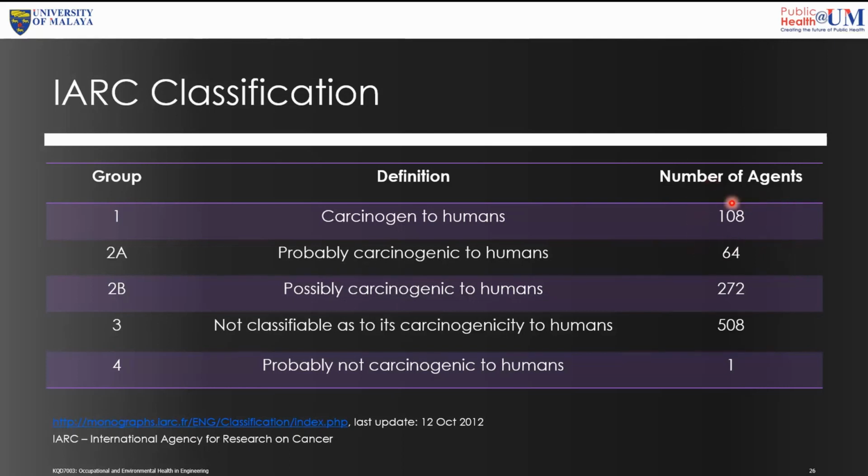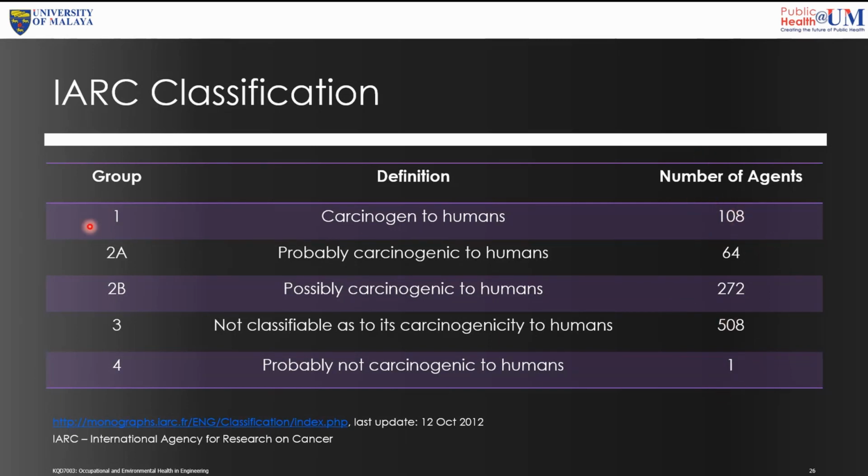Every year they look at the research and classify what is considered a carcinogen to humans. 2A is probable carcinogen, 2B is possible carcinogen, 3 is not classifiable as to carcinogenicity to humans, and 4 is probably not carcinogenic to humans.